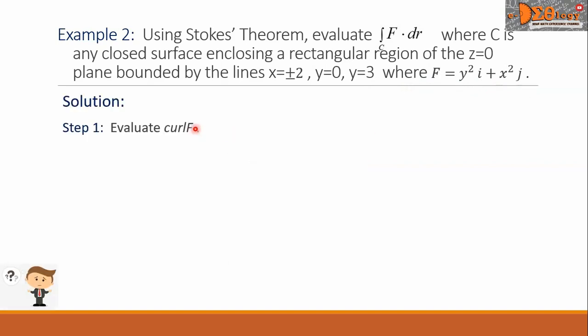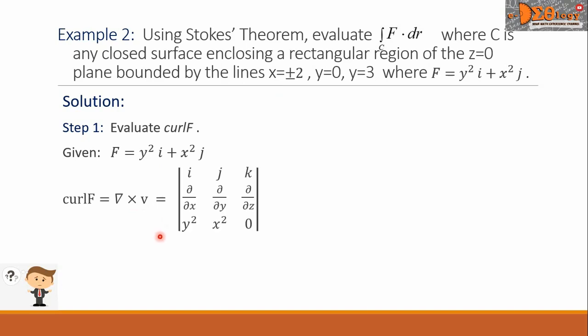For step 1, let us evaluate the curl F. The vector F is given as y squared i plus x squared j. So the curl F is given by this formula, del cross product v. This is equal to our 3 by 3 matrix. The first row for i, j, k.